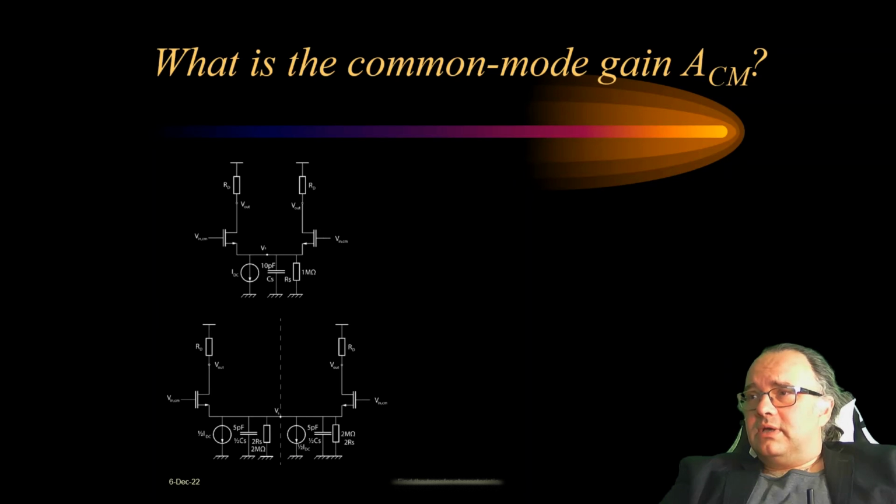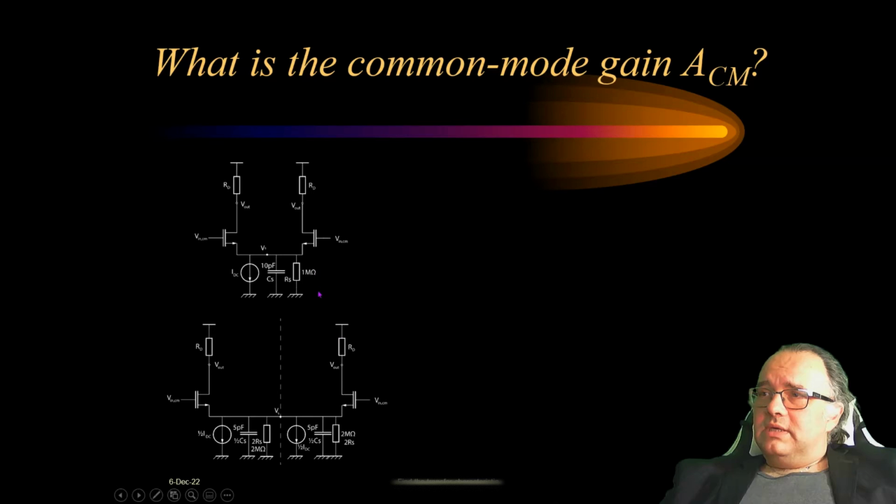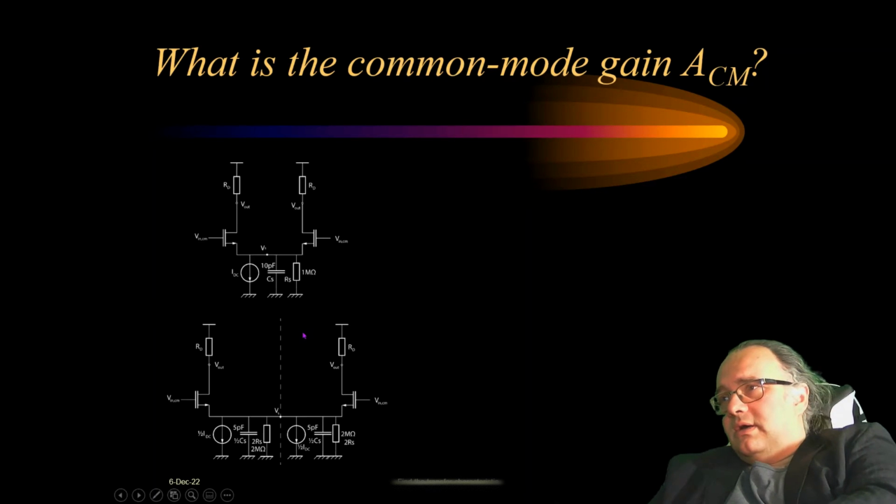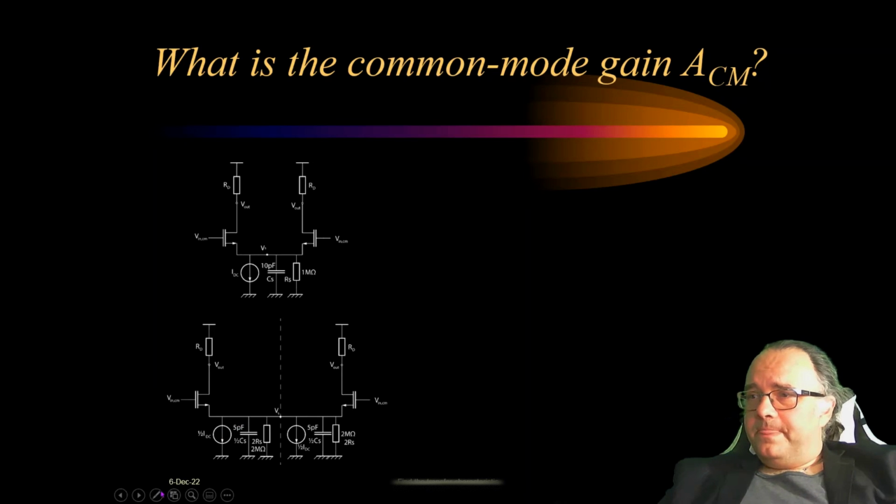So here, what we see is how we split the circuit in 2. We have to split the current source, so for the 2 halves, we have 1/2 of the tail current.